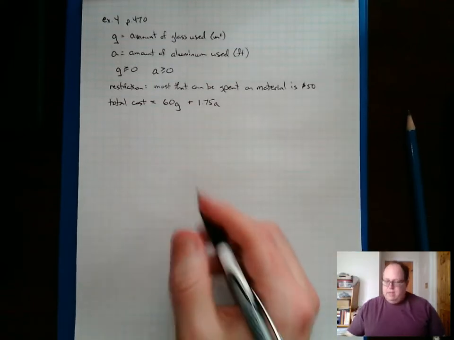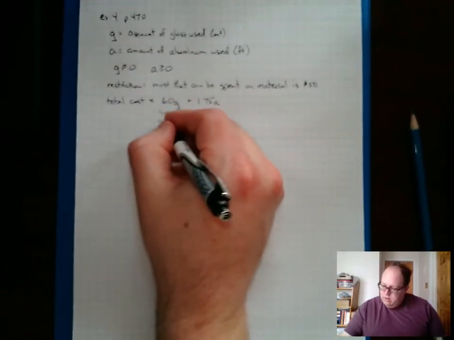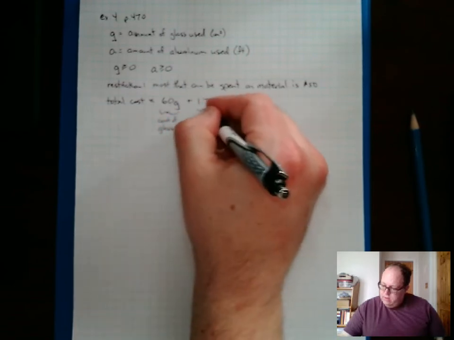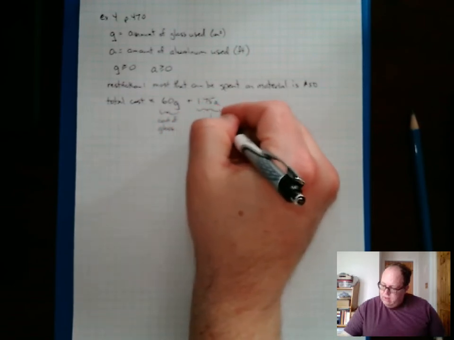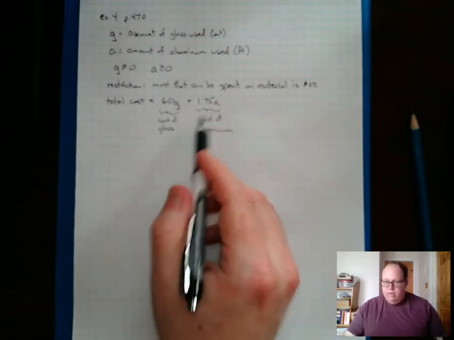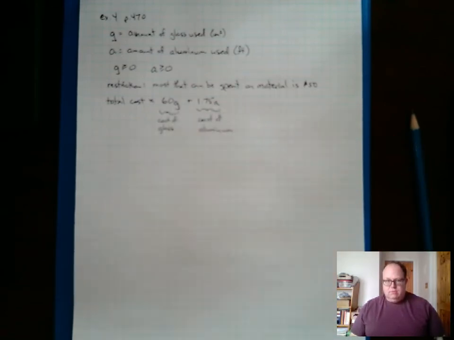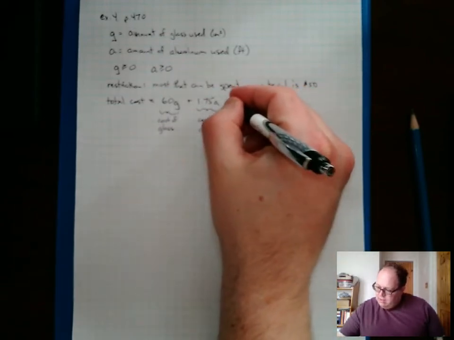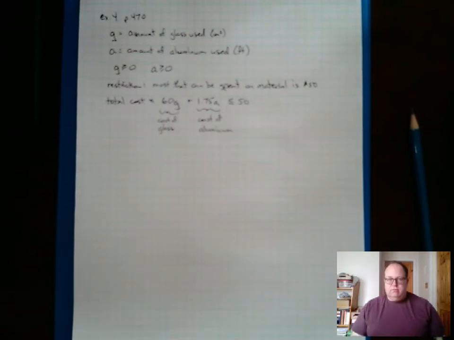I'll have that statement there. This represents the cost of glass, and this represents the cost of the aluminum. And what do I know about that total cost? I know that it has to be less than or equal to $50.